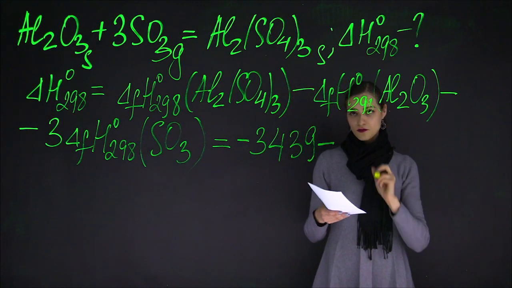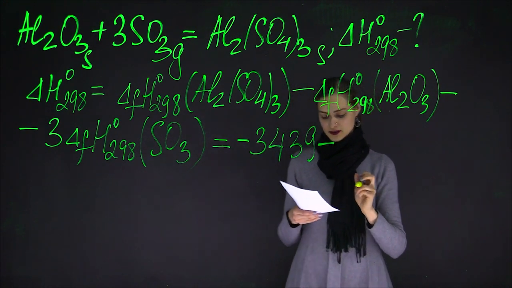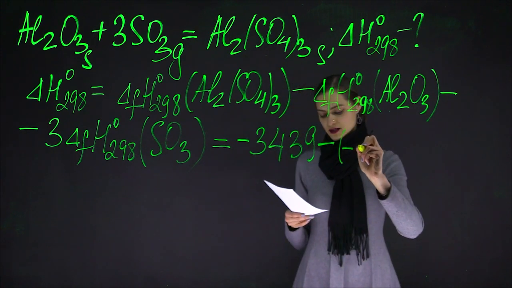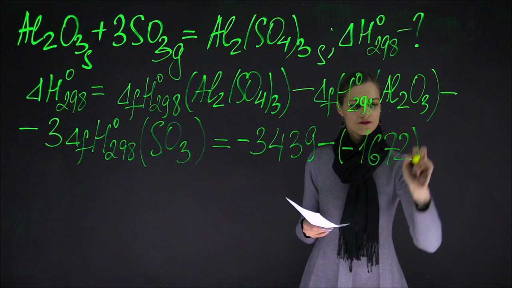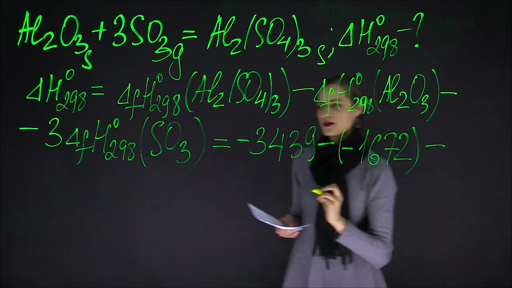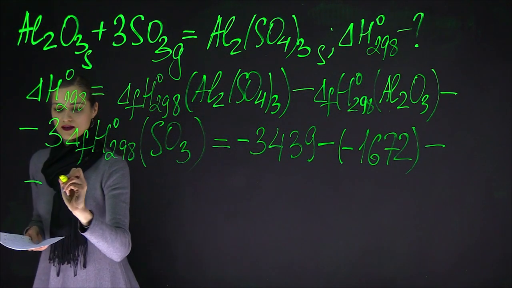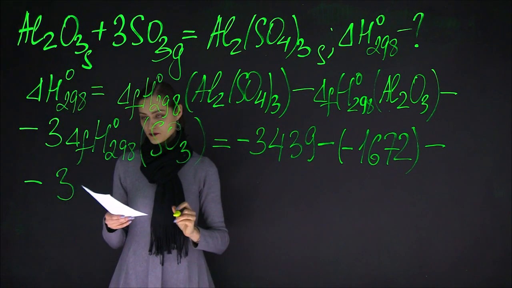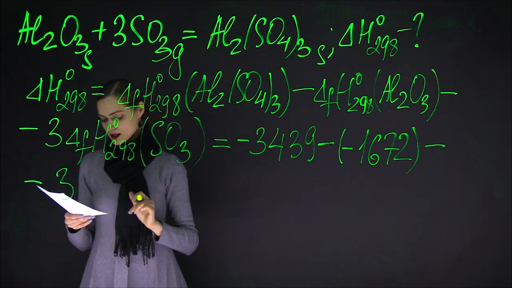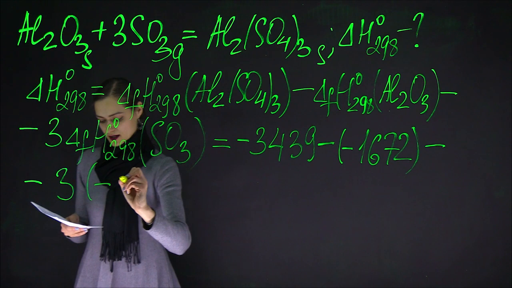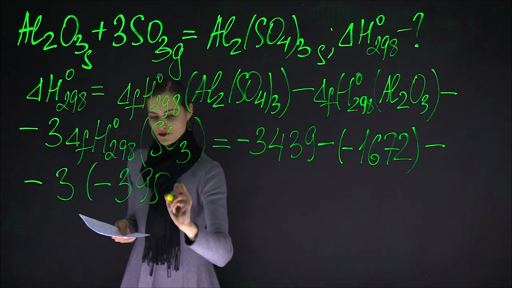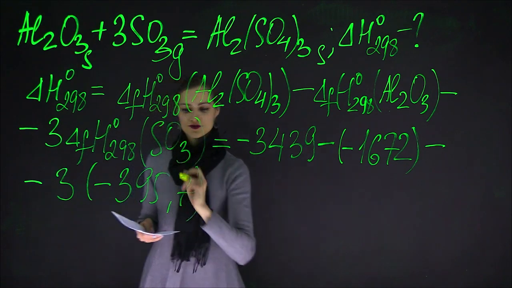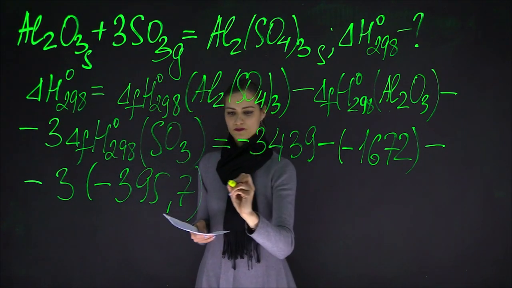Then for aluminium oxide, minus 1,672 kilojoules, and minus 3 standard heats of formation for sulfur oxide, and it equals minus 395.7 kilojoules for 1 mole.